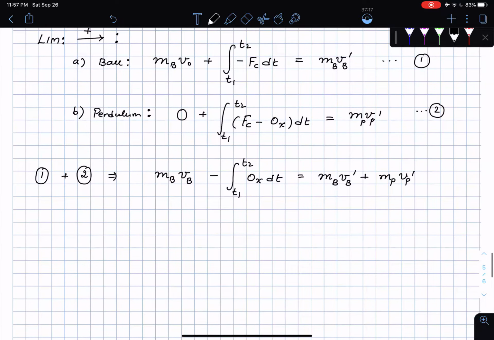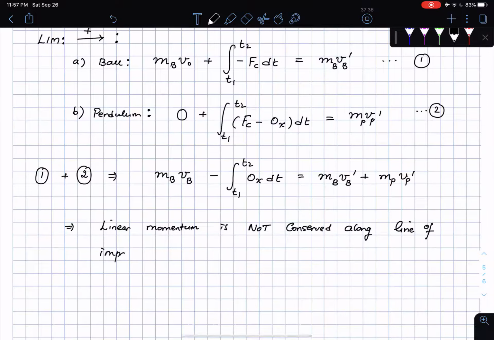If I do this, I see that this is the situation, which essentially tells me that linear momentum is not conserved along the line of impact so far.